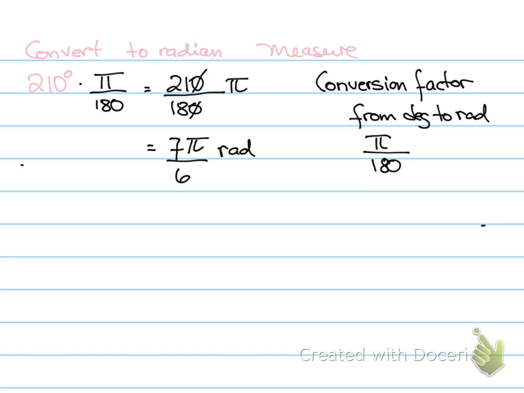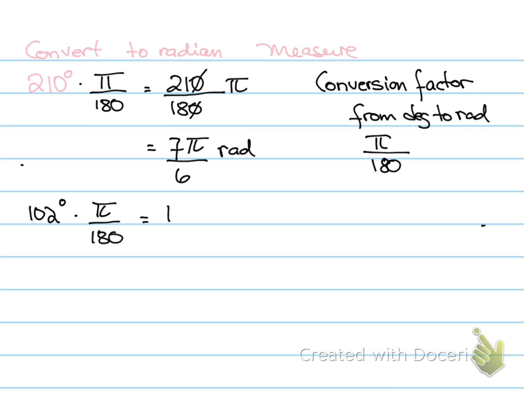Now let's take a look at another problem. Let's say we have 102 degrees and we wish to change this into radians. Again, we are going to multiply by pi over 180.